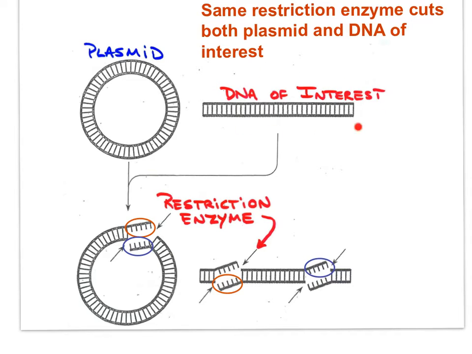Here's your DNA of interest, let's say from the human genome, including the gene for insulin. Here's your plasmid. Both the DNA of interest and the plasmid are cut with the same restriction enzyme, such that each piece of DNA from different species have complementary sticky ends.